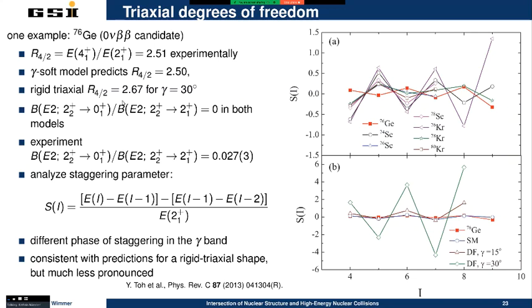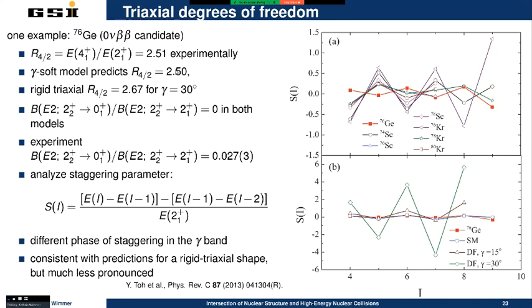So just to illustrate, this is one example, maybe the one that you talked about before, where this has been really studied very well. This is germanium-76, where the interest was that this is a neutrinoless double beta decay candidate. And the energy ratio of the 4+ to 2+, the observable that we have used to assess the deformation, is experimentally 2.51.